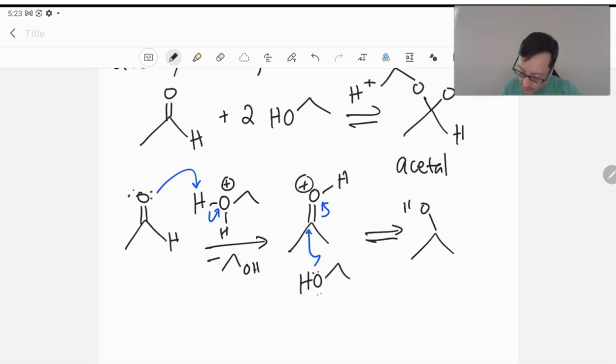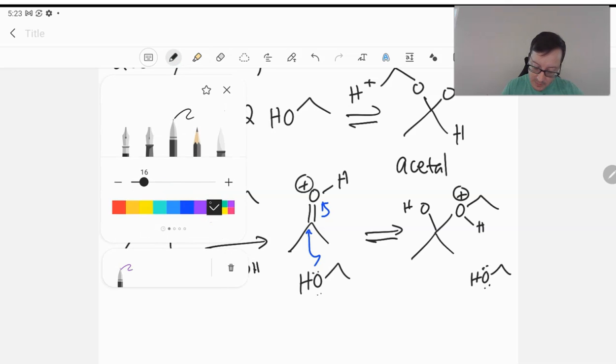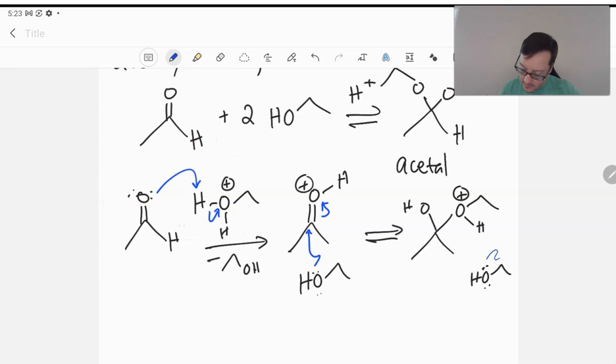So we have OH here. We have our protonated form here. Another ethanol molecule can come around, and we're going to regenerate our catalyst. So we're going to go ahead and deprotonate.